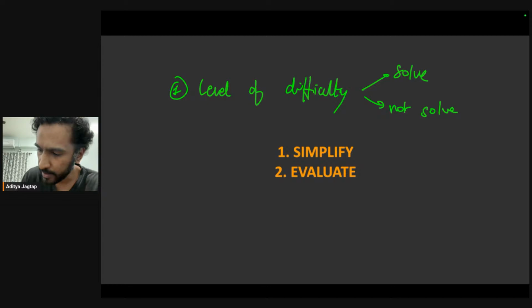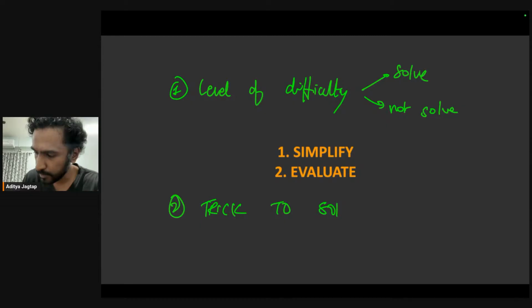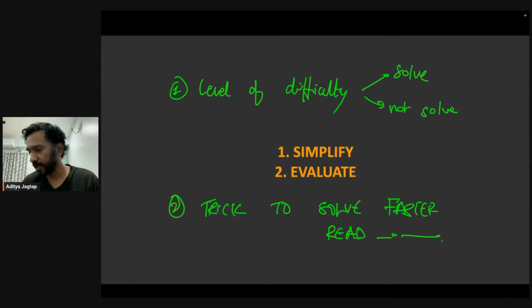The other thing that people often pay attention to when discussing strategy tips is a trick to solve a question, a trick to solve faster or read faster, stuff of that nature.